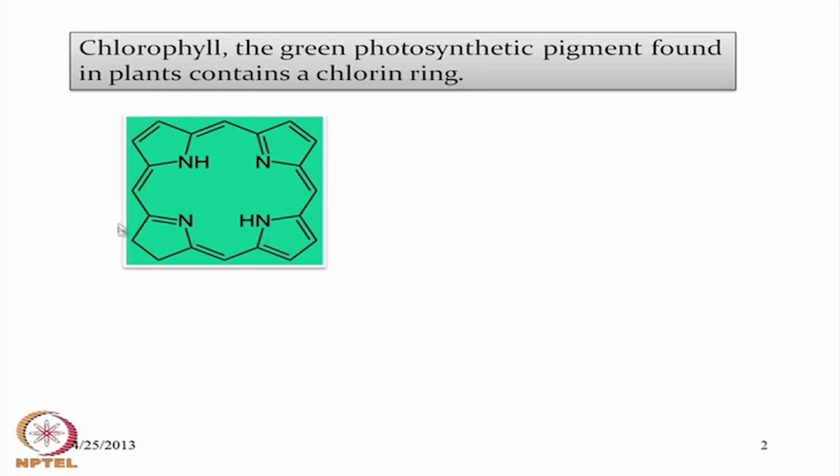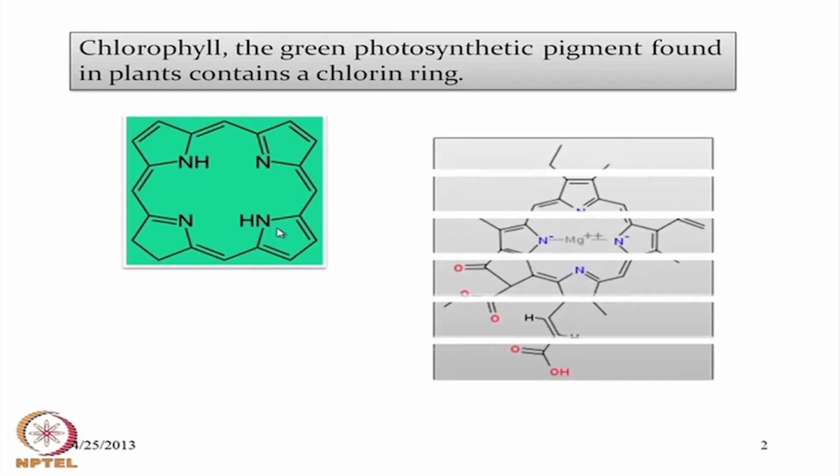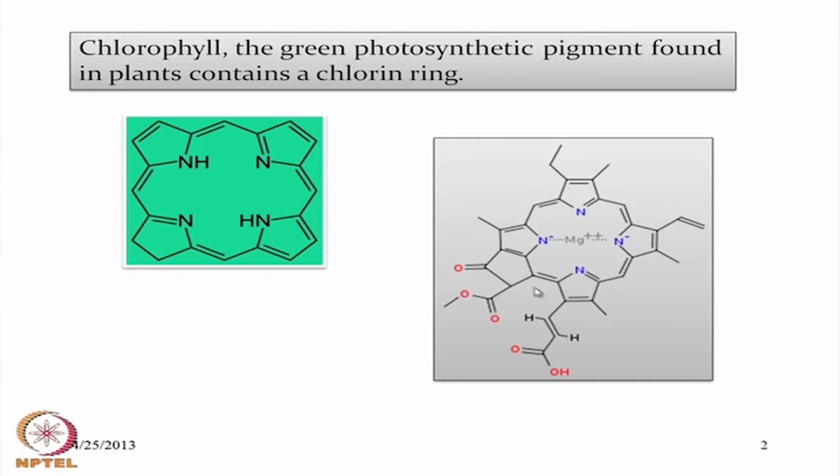So, we can have different types of orientation of this ring, because here also we can have suitable substitutions on these positions of the pyrrole ring. The actual structure is completely different, because of this chlorin ring, and in photosynthesis it binds to a main group metal ion.